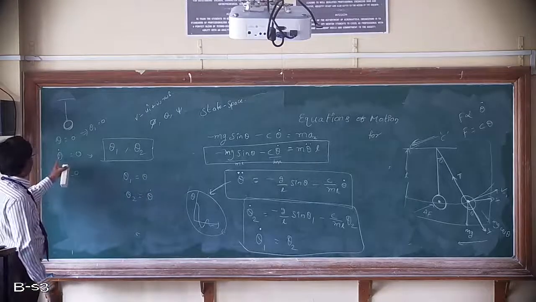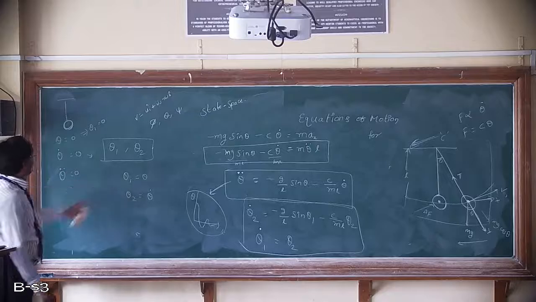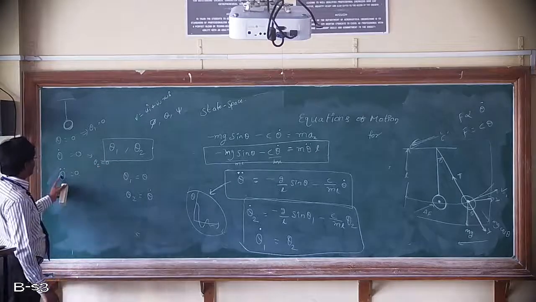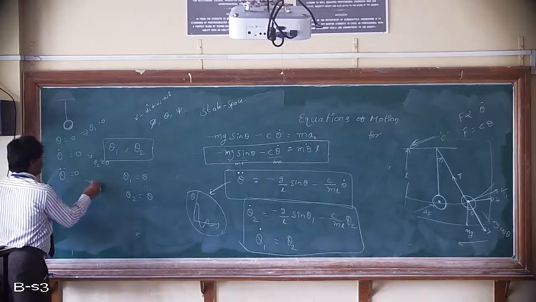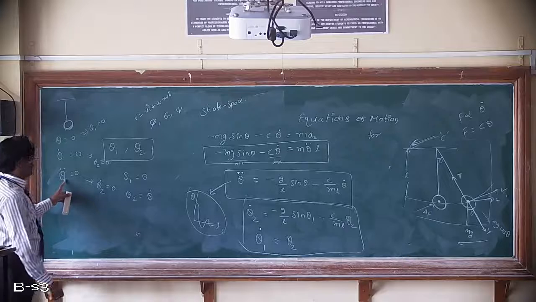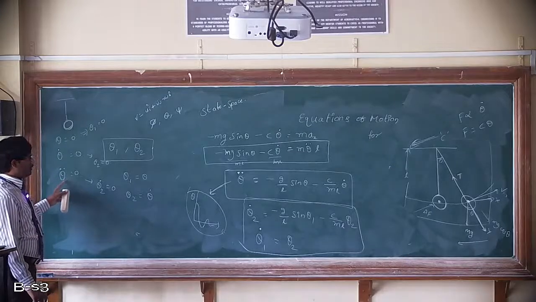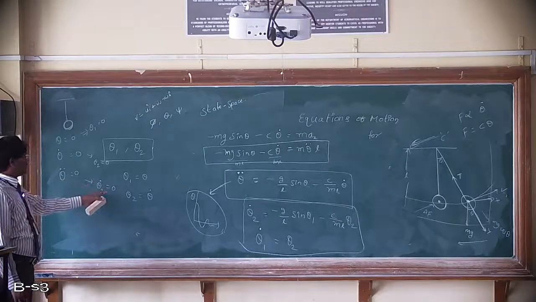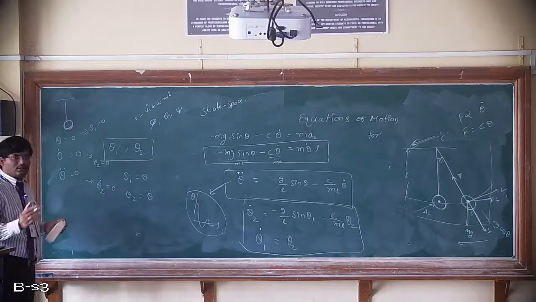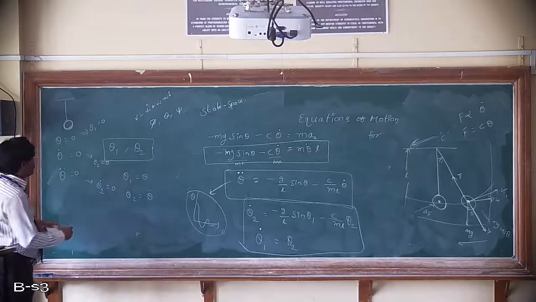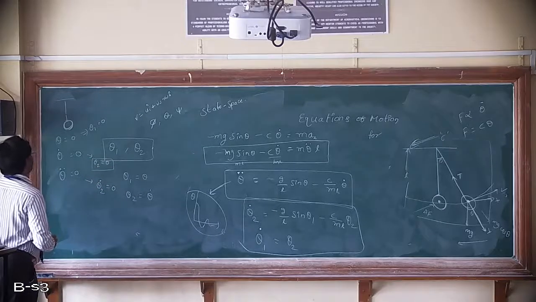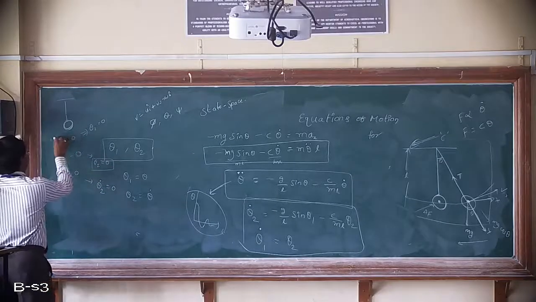So theta dot, which is your theta 2, is equal to 0. What about theta double dot? You can say theta 2 dot, right? You can write like this. Already we replaced this, right? Theta double dot is nothing but theta 2 dot. Okay? Are you understanding? So theta 2 is 0.